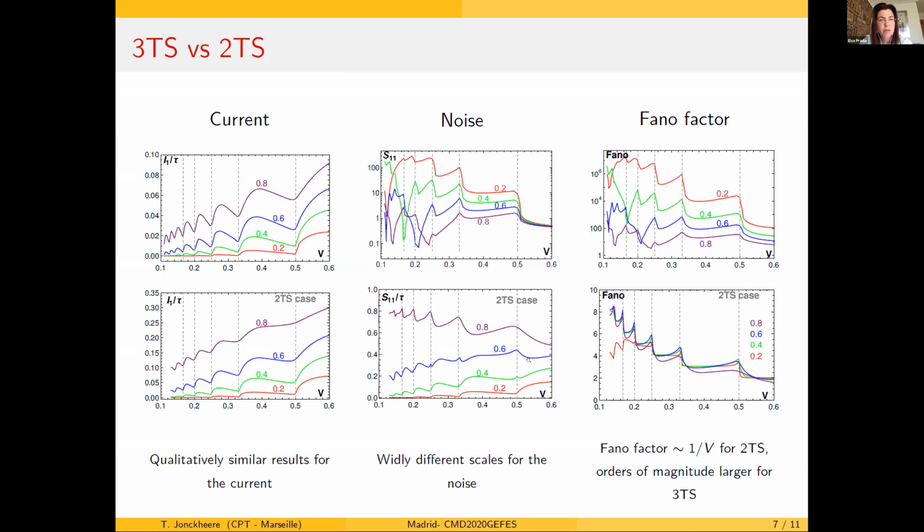The parity relaxation rate is always there, but it is not the limiting factor for the noise in the two-terminal case. But on the other hand, if you go to the three-terminal case with very small voltage and very small transparency, there you can see the effect of the intrinsic relaxation.